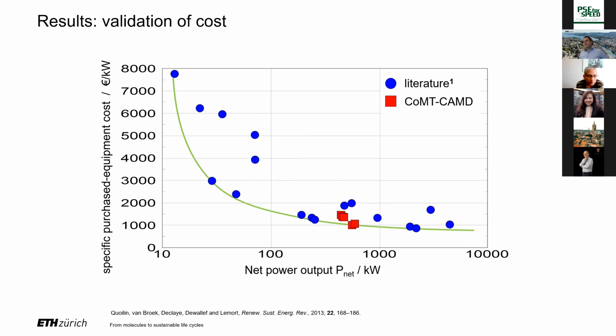And what you find is that basically our cost correlations and models lead to performance that is very similar to what you find in the literature. And this also holds over a greater range where we believe our model is valid. I don't want to go into more detail, but in particular, the different cost contributions are also correct. So we are super happy.